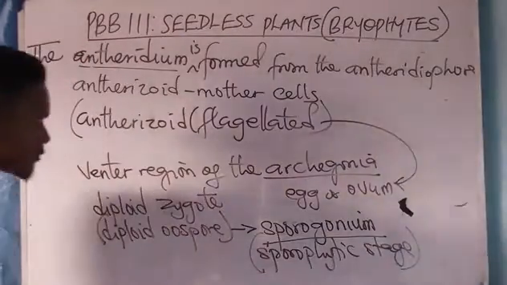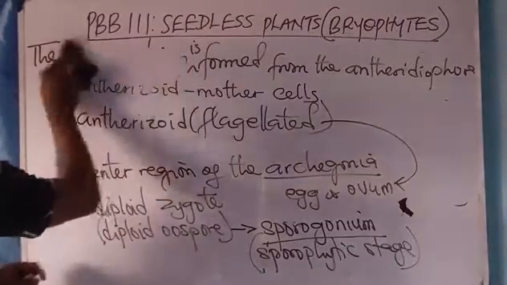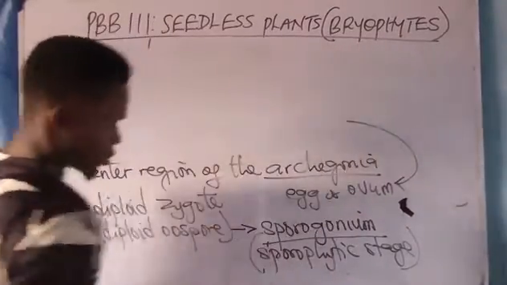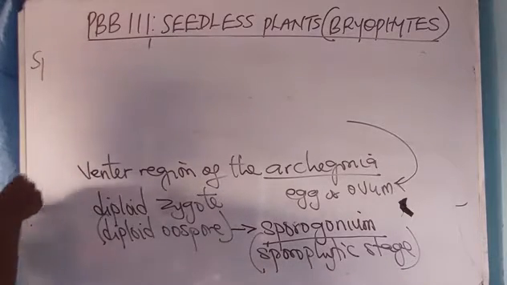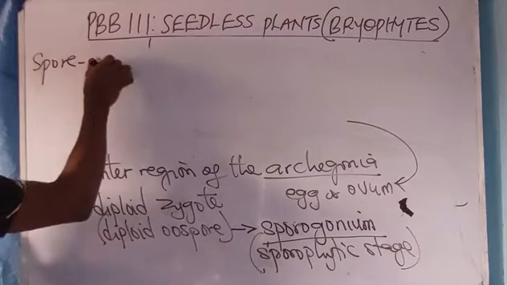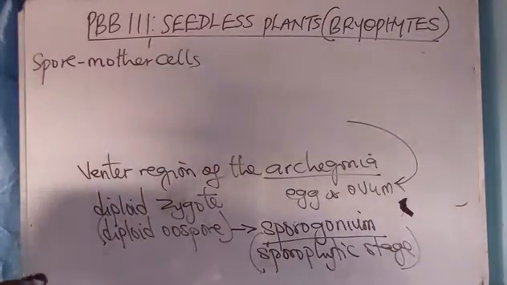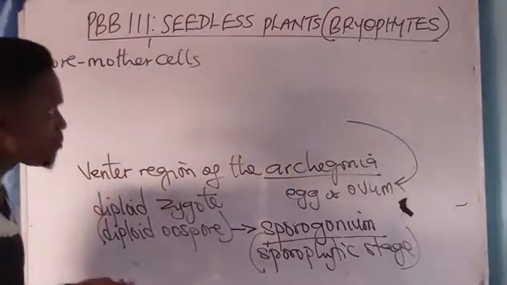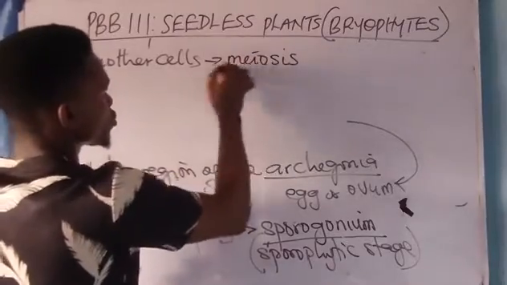Now that the sporophytic stage has been produced, the chain continues. Inside the sporogonium, we have what is called spore mother cells. The spore mother cells are found in the sporogonium. These spore mother cells undergo meiosis. It undergoes what? Meiosis.